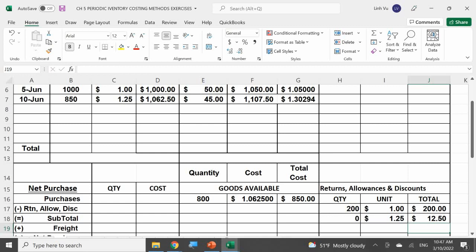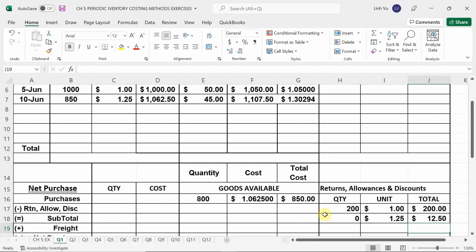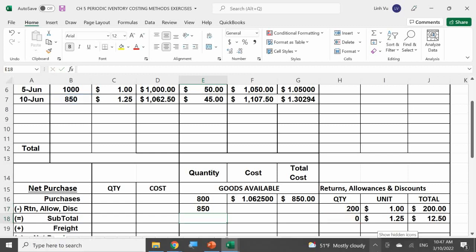Okay. So again, now that I made an adjustment to my second batch of inventory, I also need to adjust my account accordingly, because in this case, yes, I still have all 850 units because that is what I purchased. I never made a return.